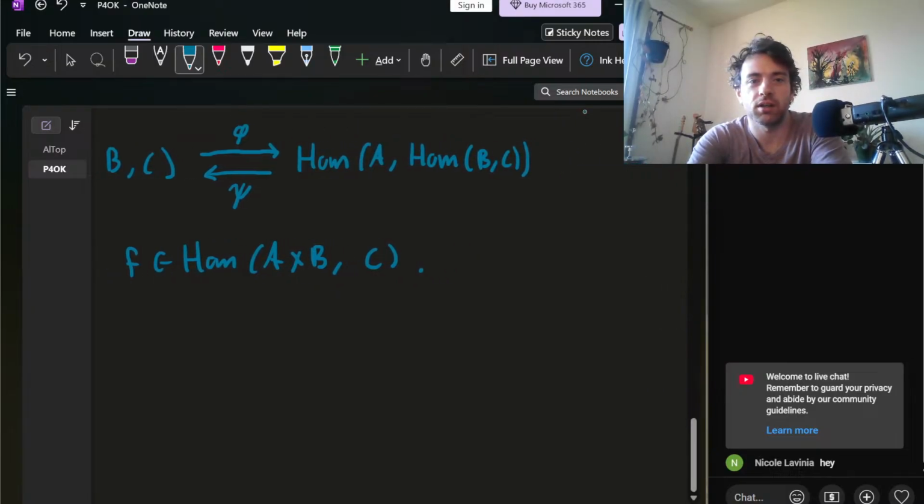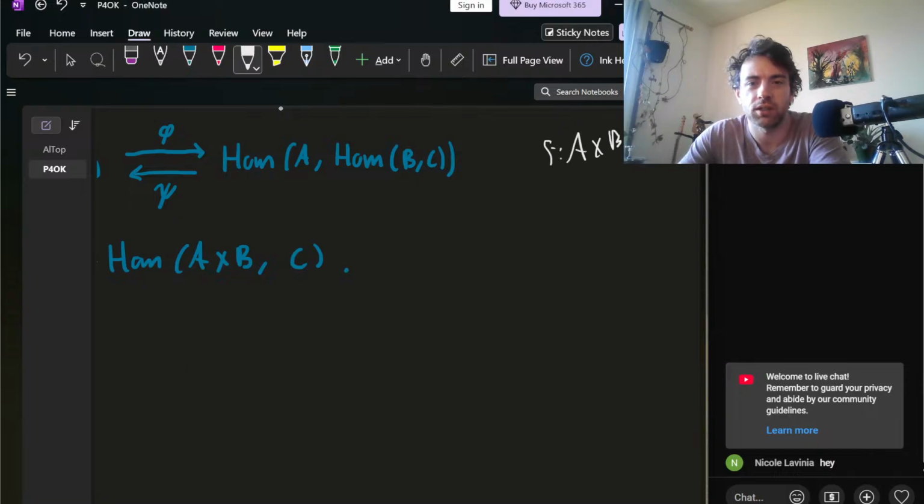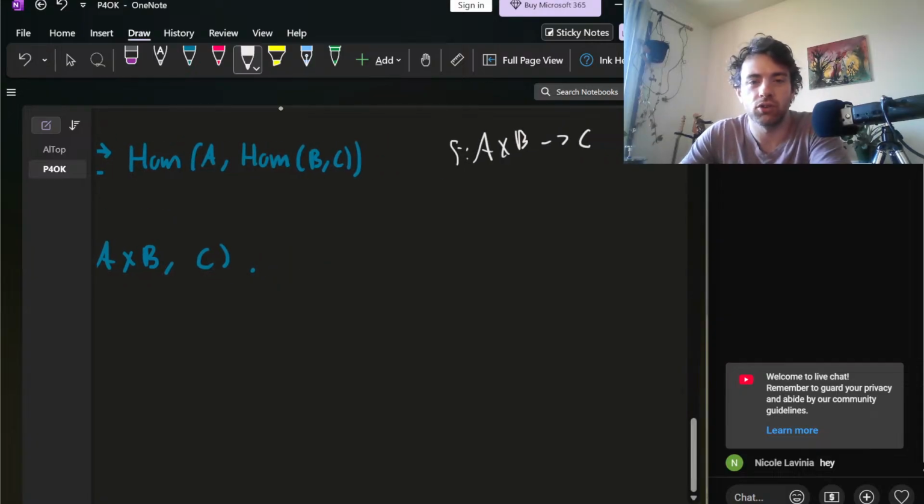So let me make a side note here to just explain how we're going to do things, right? So f goes from A cross B into C, right? And I need to provide a function that goes from A into functions from B into C, right?